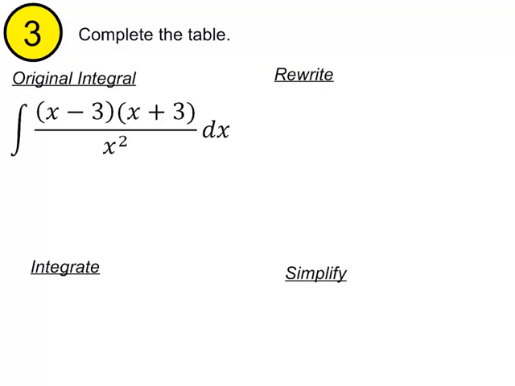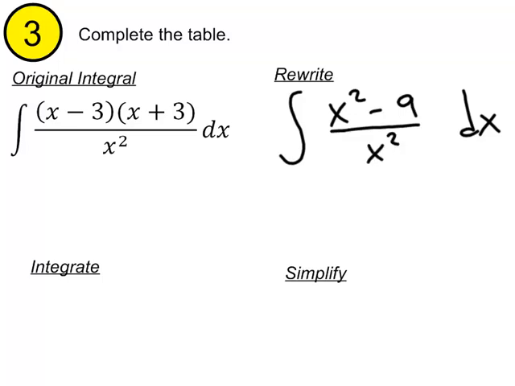Since I'm not doing the actual anti-deriving yet, I'll still keep the indefinite integral symbol, and I'll just simplify what's inside there, contained within it. The numerator, if I FOIL it out, that's our difference of squares. That's x squared minus 3 squared, minus 9 over x squared.